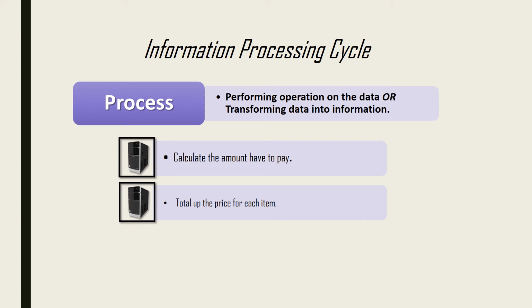In the information processing cycle, process is performing operations on the data or transforming data into information. So, how do we explain process based on the given question? Your answer should be: calculate the amount to pay, or total up the price for each item.